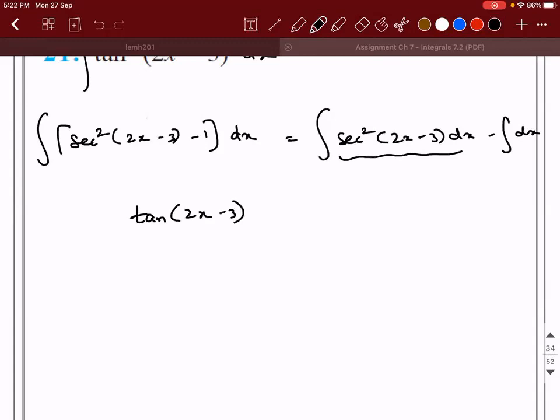So secant square of 2x minus 3, the integral is tan of 2x minus 3. See, are you guys comfortable if I do the integration directly? I'm assuming by now you would have got it. So the integral of secant square is tan. Tan of what? The angle 2x minus 3. And that should be divided. In differentiation, we multiply; in integration, we are supposed to divide with what?